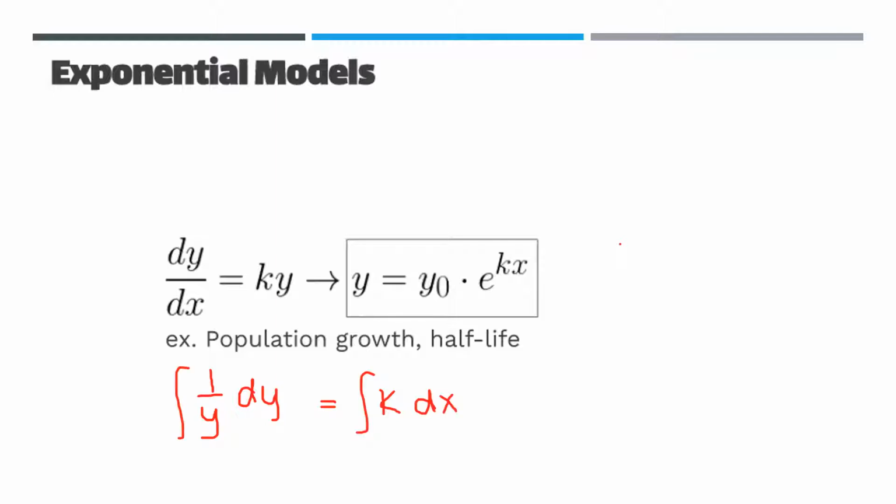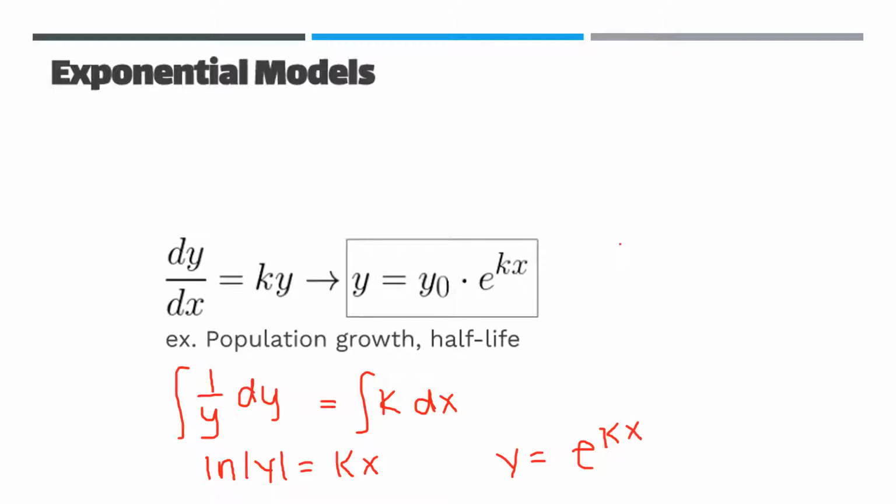And then after you take your integral, you get the natural log of y equals kx. And then we want to solve for y, so we e both sides. And that's where the e to the kx comes into play.